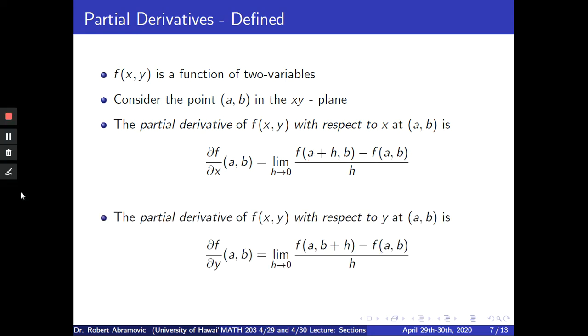Likewise, the partial derivative of f of x y with respect to y at a b is this limit. Notice here the first input is held constant. To the second input, you add h, and you subtract the value of the output at a b, divided by h.